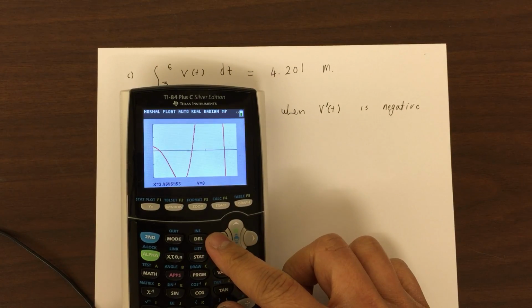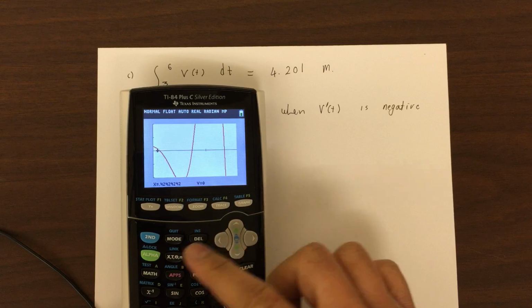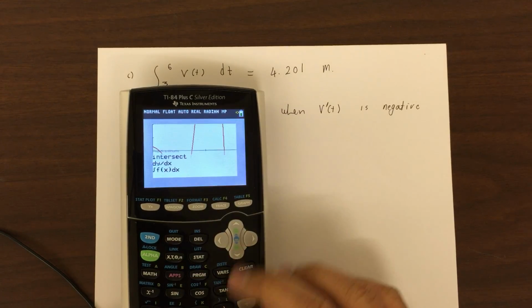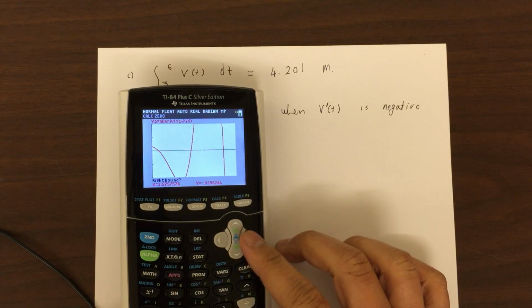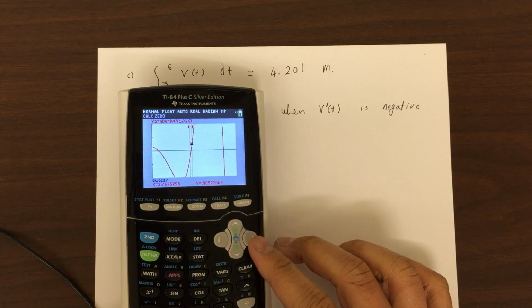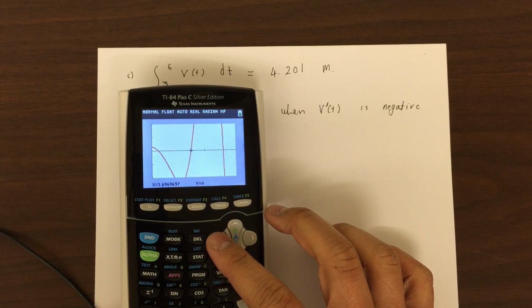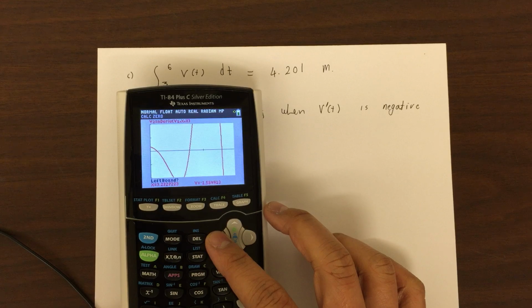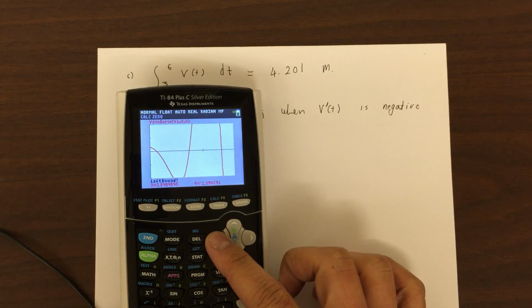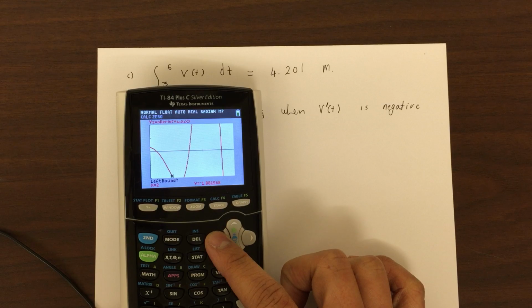So we want to know what that point is. So second, calculate zeros. Let's calculate that first. That's one of the zeros, so that would be at 3.667. Keep that number there. Let's calculate this first one.